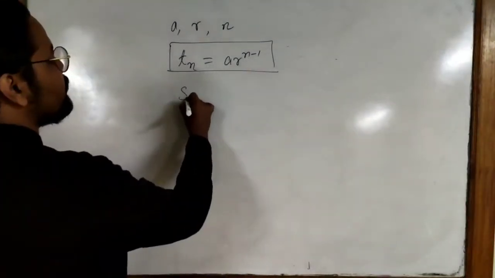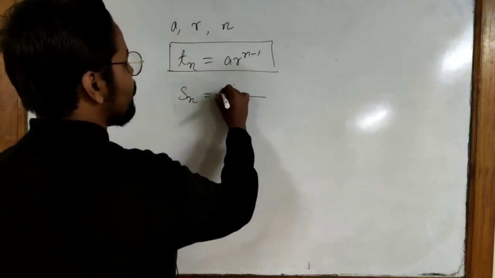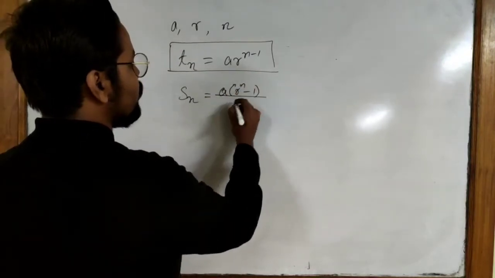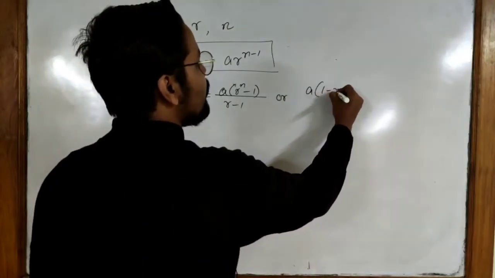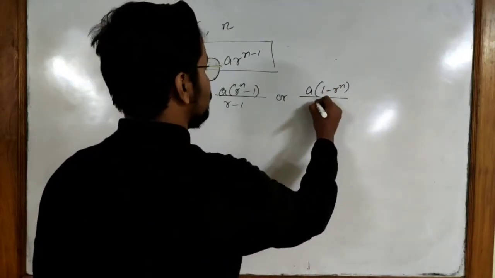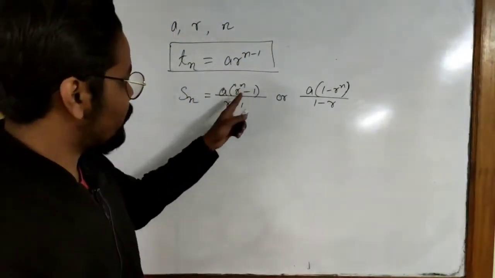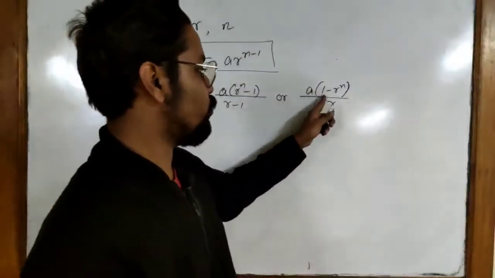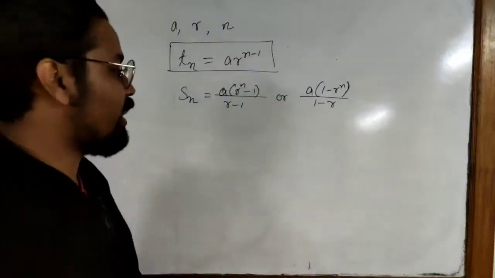Now we need to find the sum up to the n terms, and the formula for this is a (r^n minus 1) by (r minus 1), or it is a (1 minus r^n) by (1 minus r). Now when should we use (r^n minus 1) by (r minus 1), and when should we use (1 minus r^n) by (1 minus r)? That depends on the value of r.